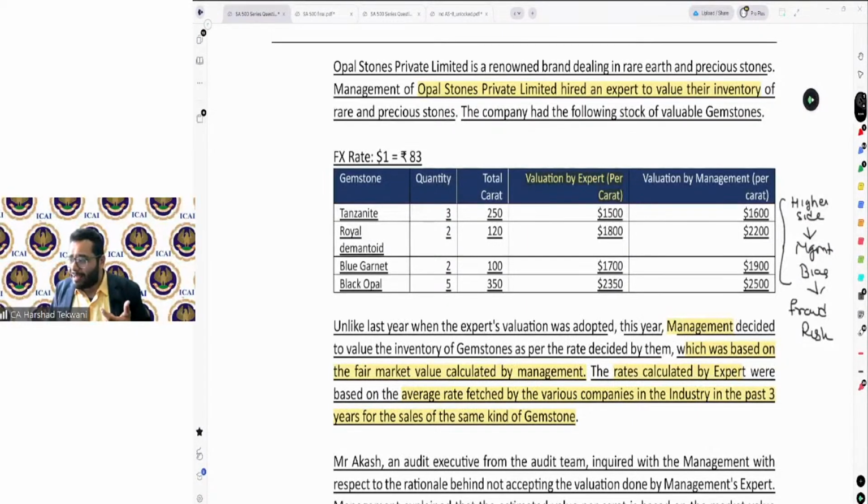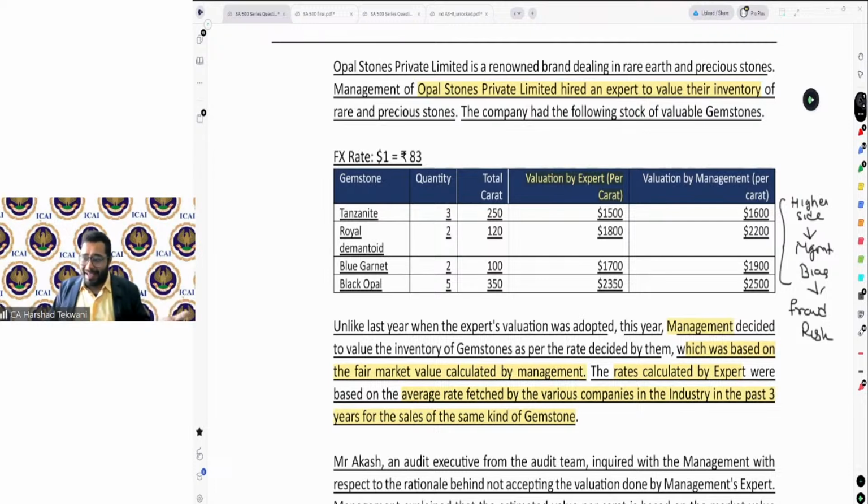When I talk about management bias, it's the management's inclination towards a particular estimate, or a lack of neutrality. That is management bias. So the auditor is also required to understand whether there is a presence of management bias or not.